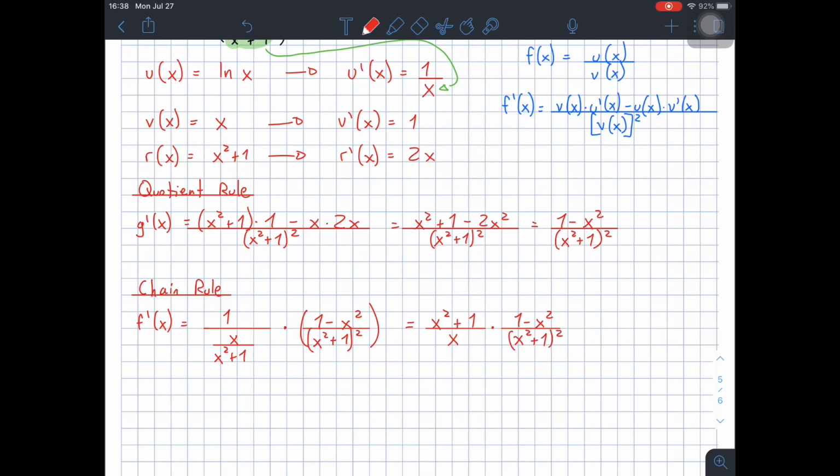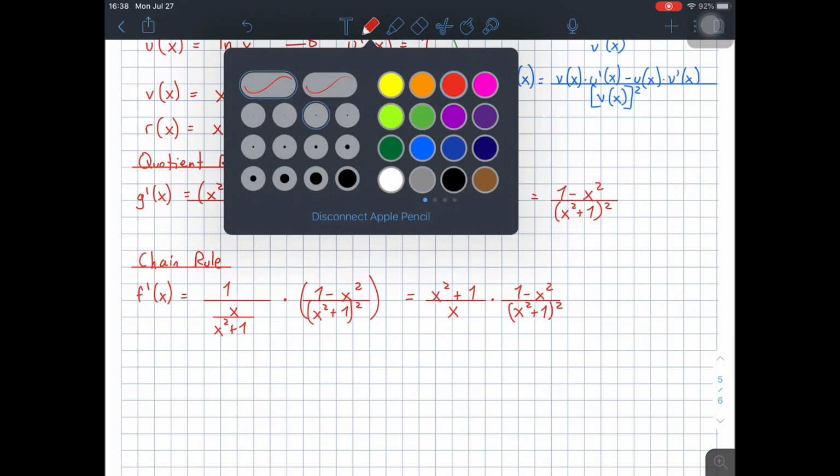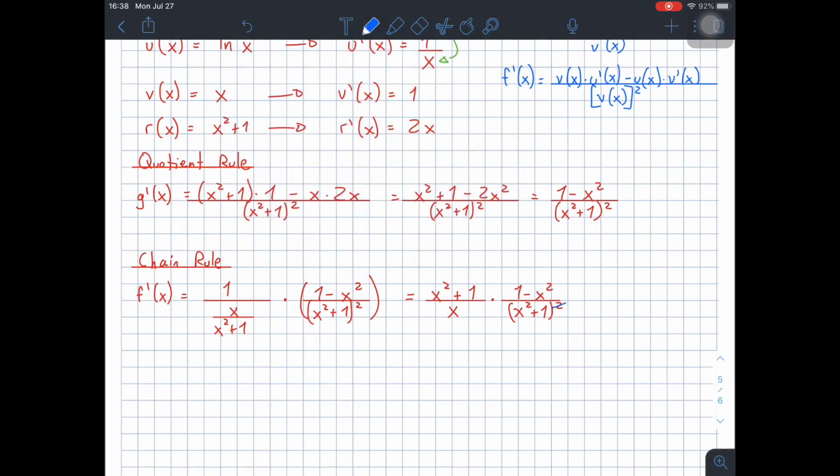So I see that I can simplify this exponent with all of this, and that would be it. Yes. So f prime of x is equal to 1 minus x squared over x times x squared plus 1. And that is the final answer.